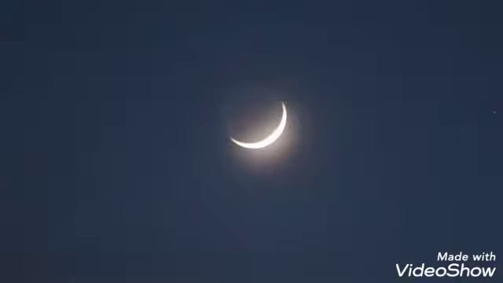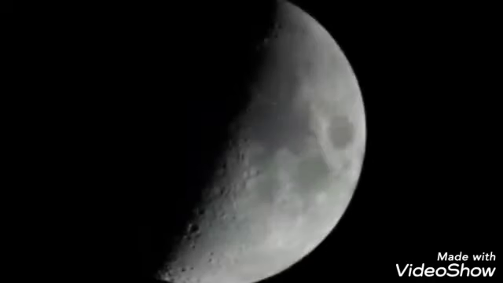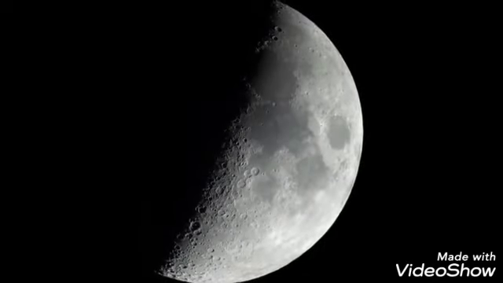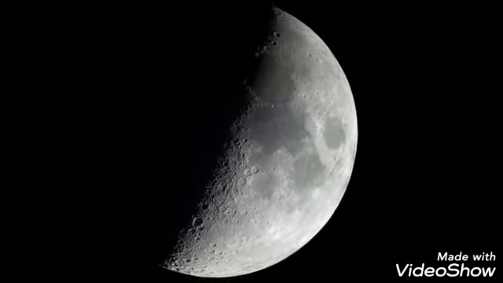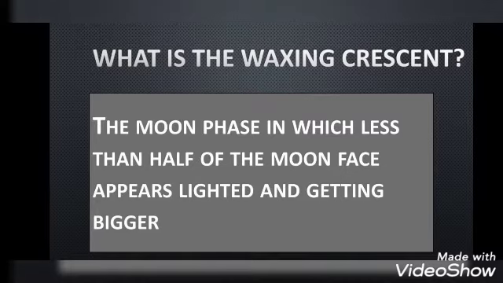Now, the third question is, what is the waxing crescent? The moon phase in which less than half of the moon appears lighted and getting bigger.